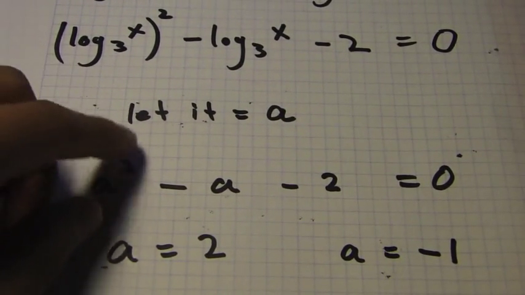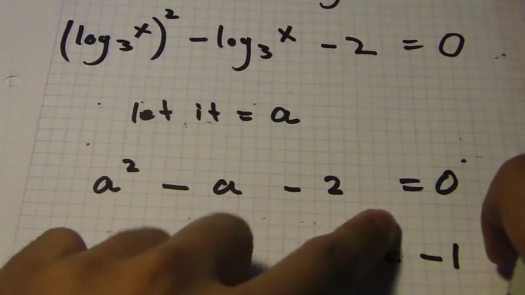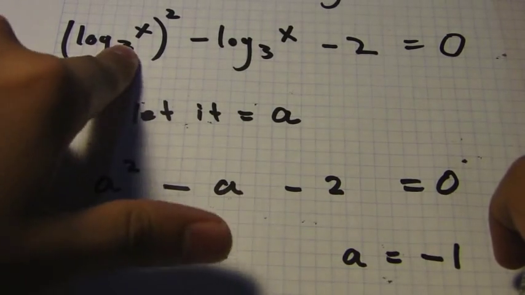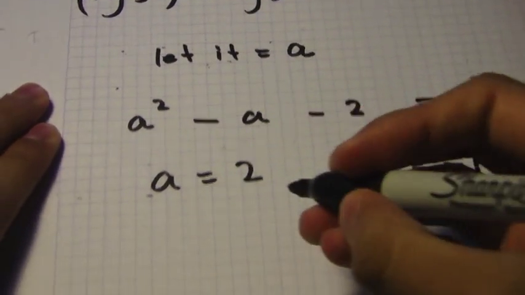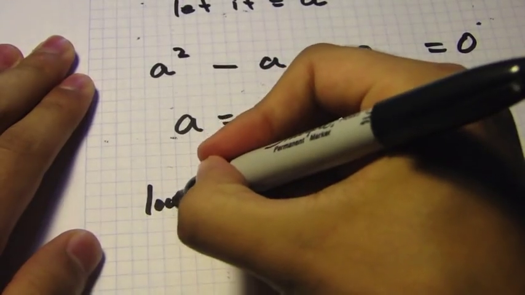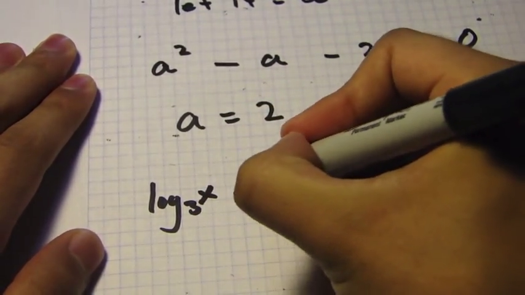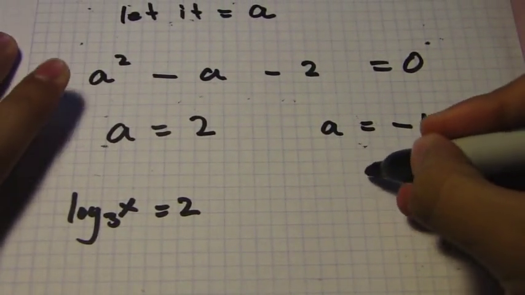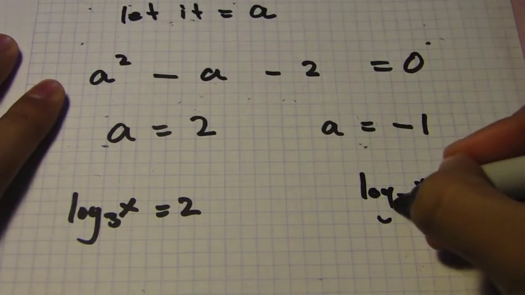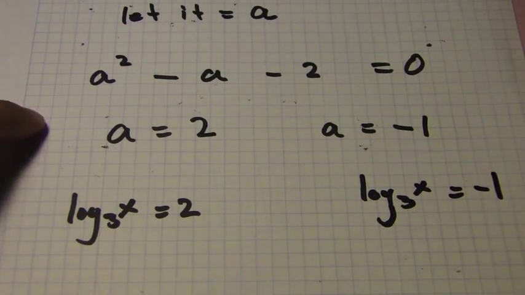Alright, and now once you solve this little equation here, you plug the logarithm back in. So you have on this side log base 3 of x equals 2, and on the other side log base 3 of x equals -1.